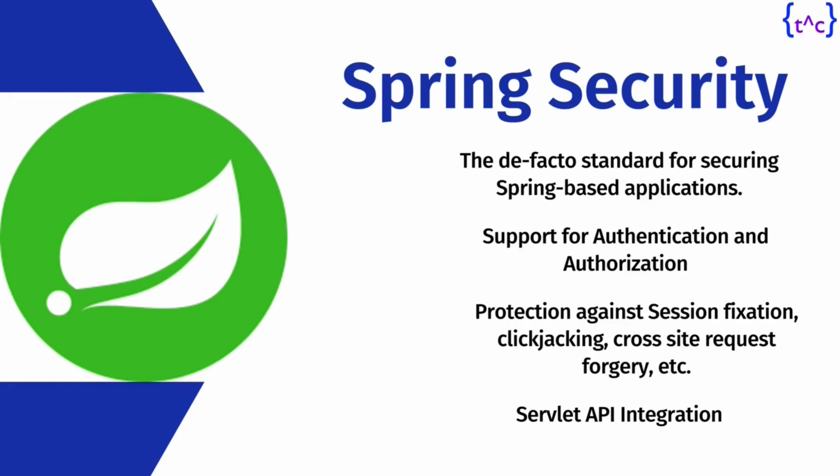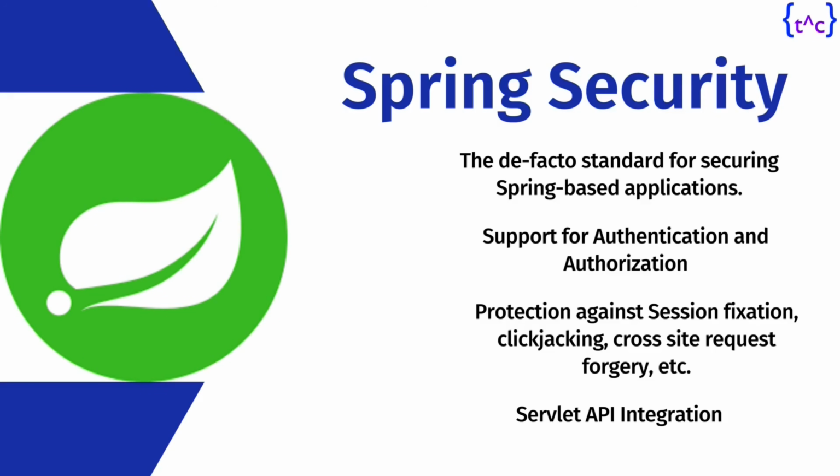It provides protection against session fixation, clickjacking, cross-site request forgery, etc. And it provides servlet API integration. And there are many more. I have just displayed some of the key points here. I hope now you understand why securing your applications is very important and how Spring Security helps here.